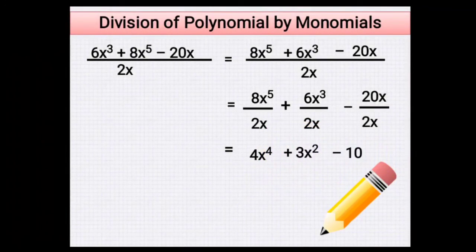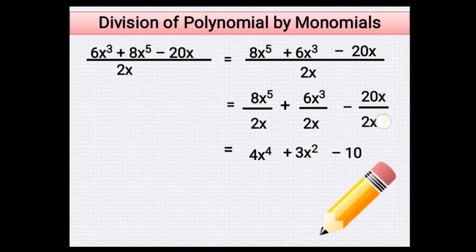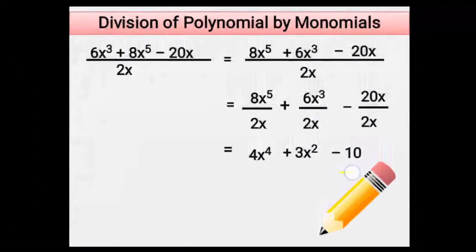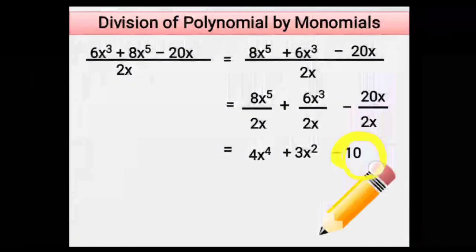Then, minus 20 divided by 2 is 10. What is the exponent of x? 1. What is the exponent of the other x? 1. In that case, they have the same exponent, therefore that is equal to 1. 10 times 1 is 10. That's why here we have 10 only.